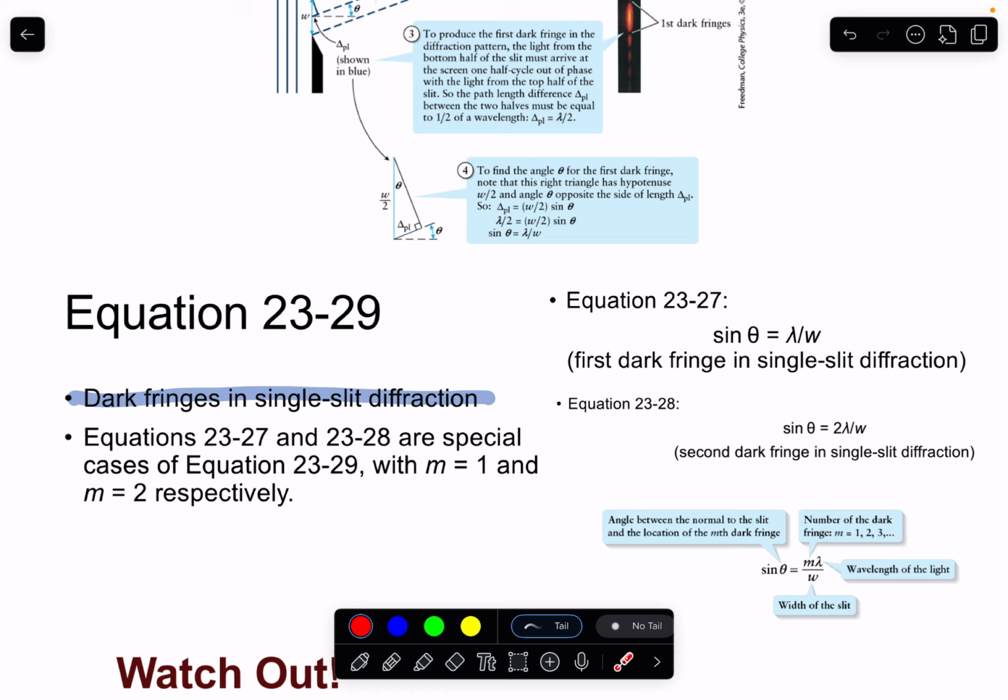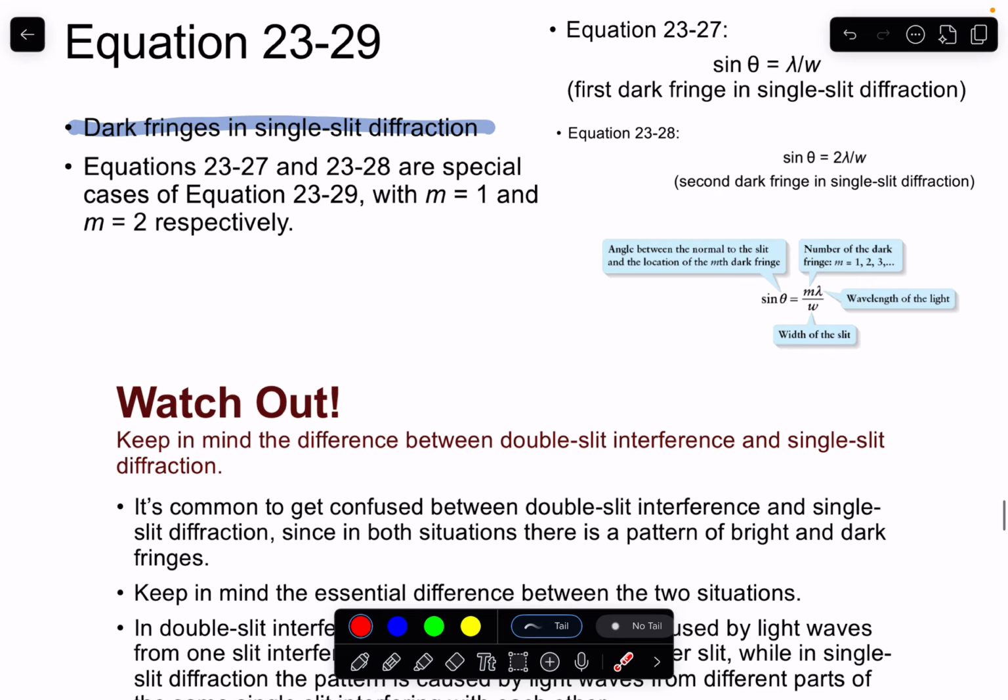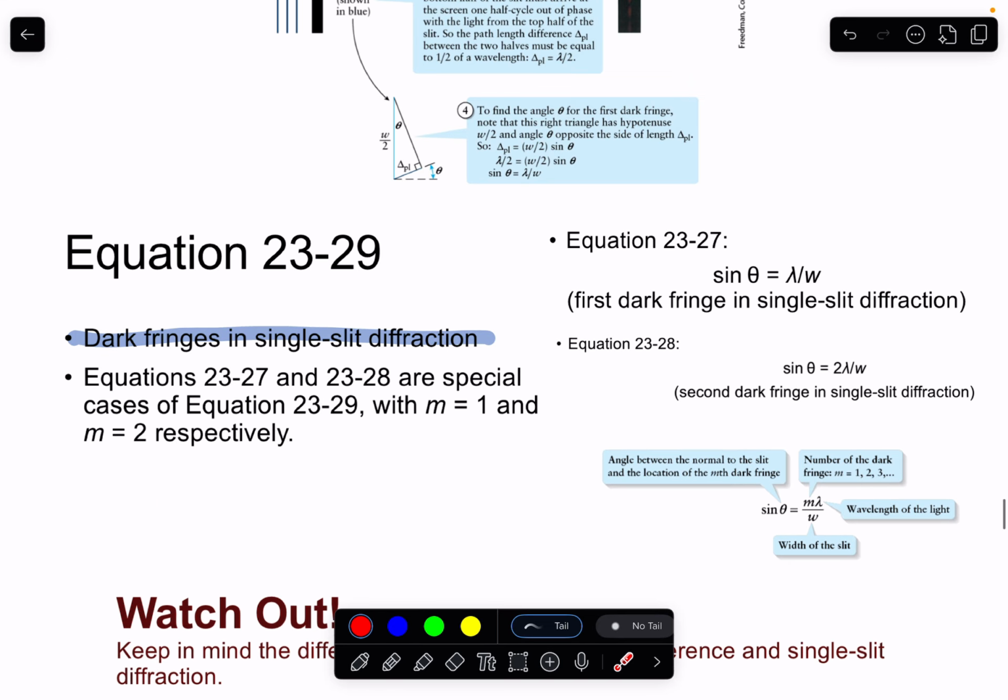The dark fringes, the destructive interference condition, is going to look like the constructive interference condition for double slit. So the integer number of wavelengths gives us the destructive condition for single slit diffraction. And what we're going to be tracking is the dark fringes.